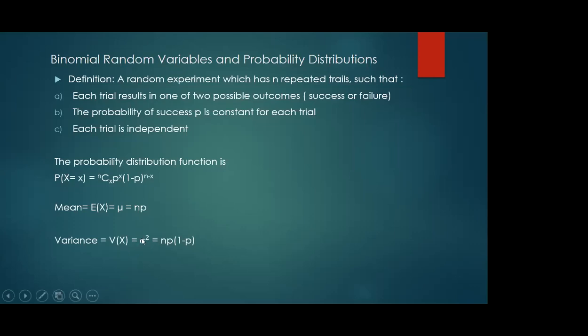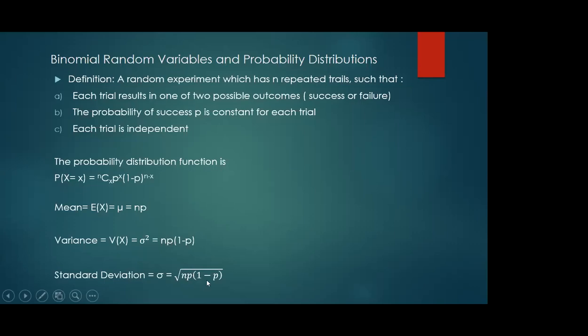The variance is sigma squared, equal to the sample size times the probability of success times the probability of failure. And to find the standard deviation, which is just sigma, we take the square root of our variance, which is n times P times 1 minus P.